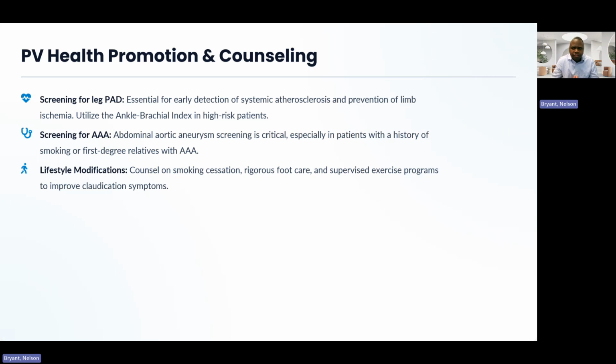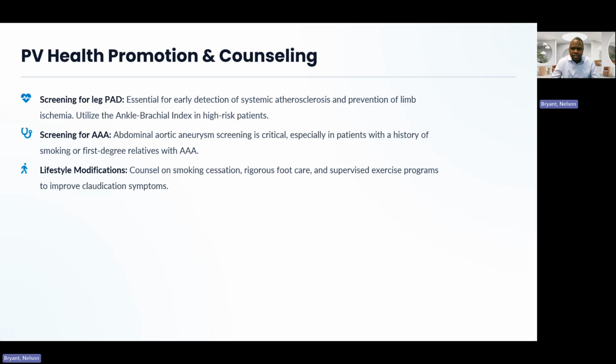As we aim to promote the health of our patients, we also tend to focus on preventive care. You may wonder about the number one risk factor for all of these cardiovascular or vascular conditions, and it's usually smoking.